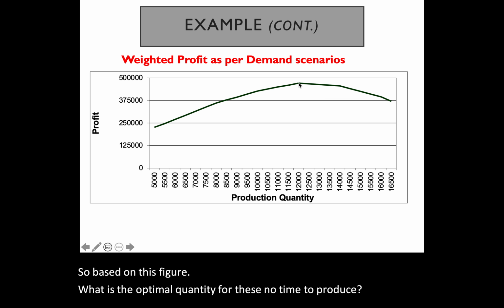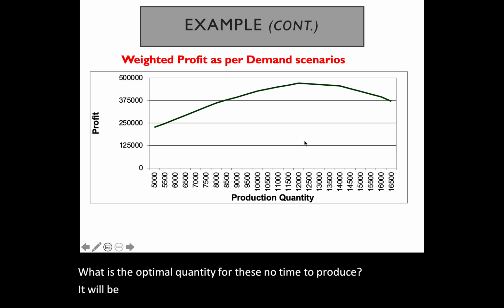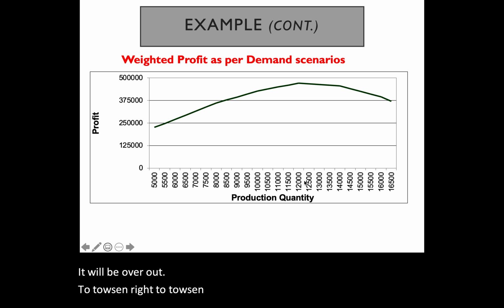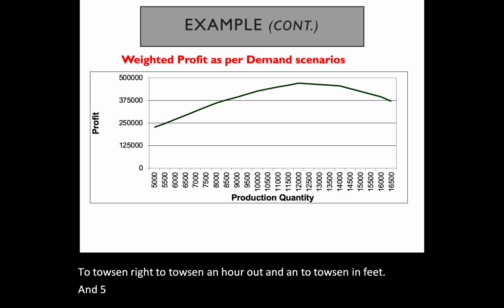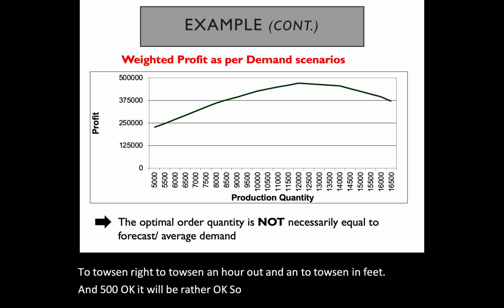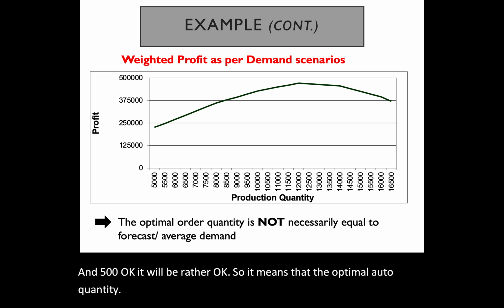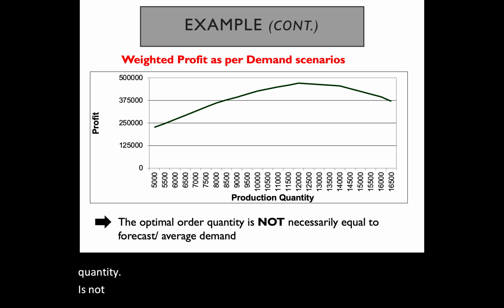It will be around 12,000, right? Around 12,000 and 12,500. Okay, it will be around that. So it means that the optimal order quantity is not necessarily equal to the average demand.